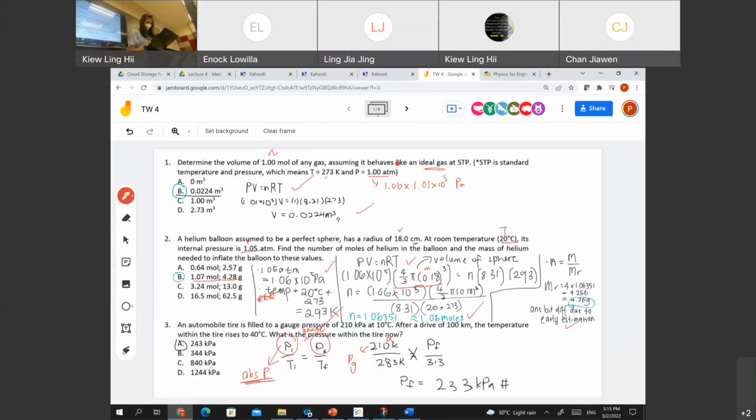When it comes to absolute pressure, what you have to do is add the gauge pressure to the atmospheric pressure.